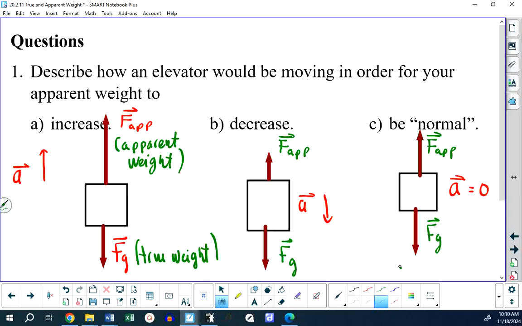You feel as though at that instant you could jump higher, and you could, because as you jump, the elevator is accelerating away from your feet. Then you know that the elevator is accelerating down. And if you feel normal, there's no acceleration.